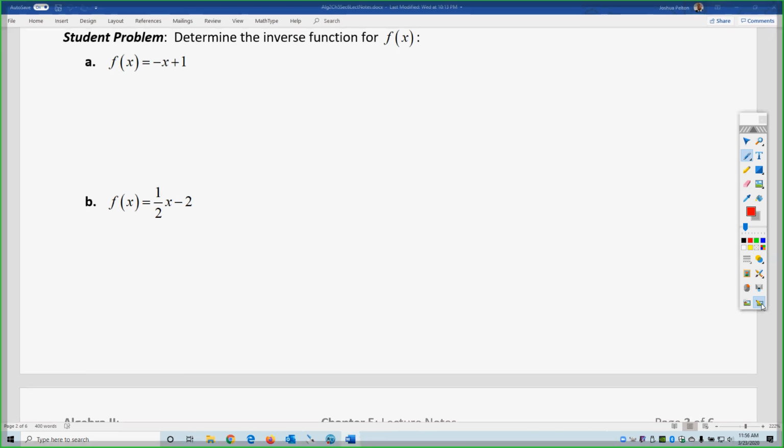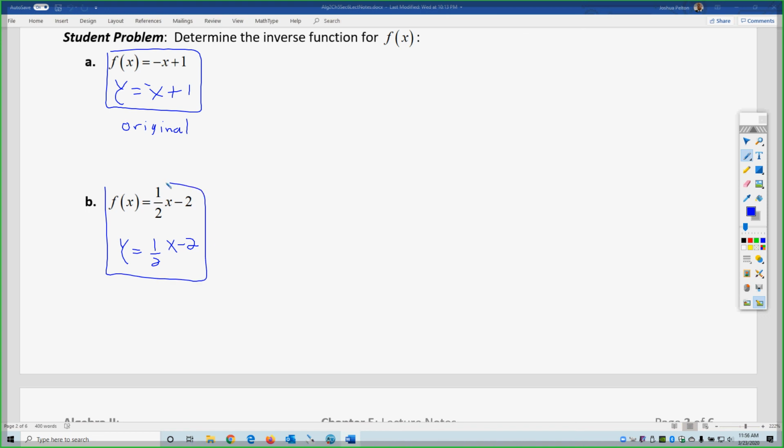Okay, so we'll try the next two. So the original, let's go back to blue, is y equals negative x plus 1. That is the original in function and equation notation. And the b is y equals 1/2 x minus 2. That is the original. Okay, so we'll get the red now. So for the inverse, we need to switch the variables.